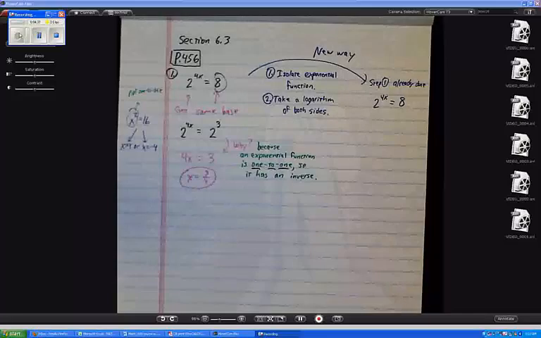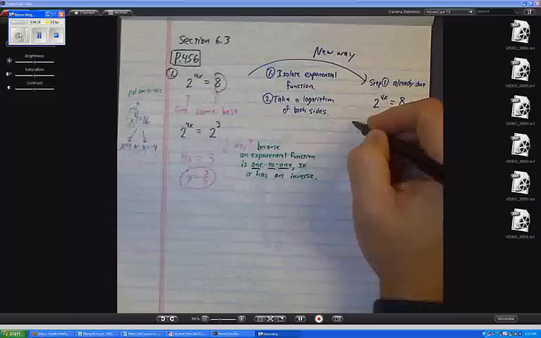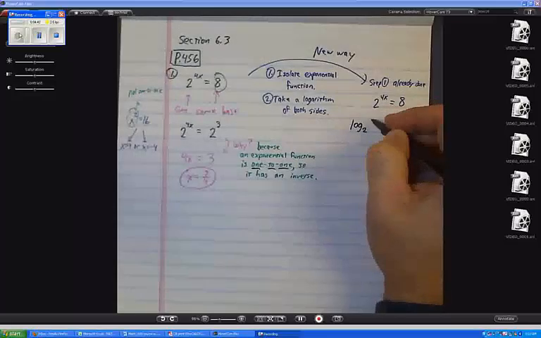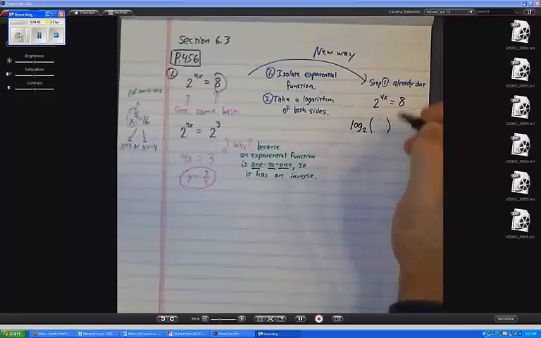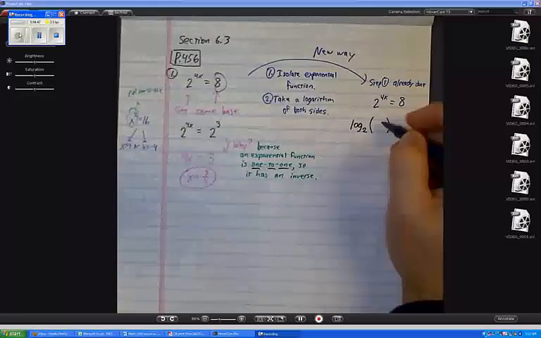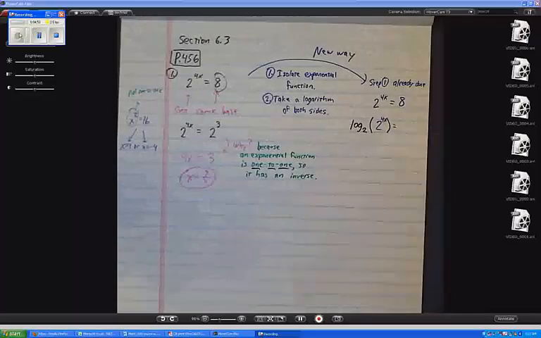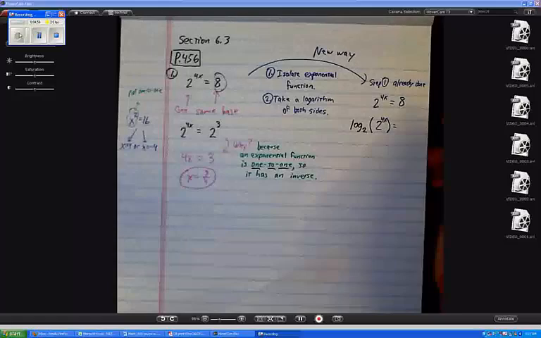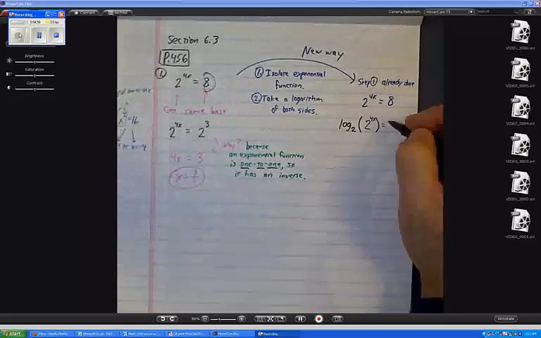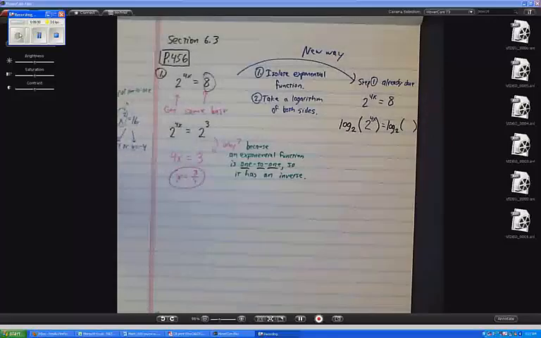And I would do this. I would say, well, the log base 2 of 2 to the 4x is equal to the log base 2 of 8.